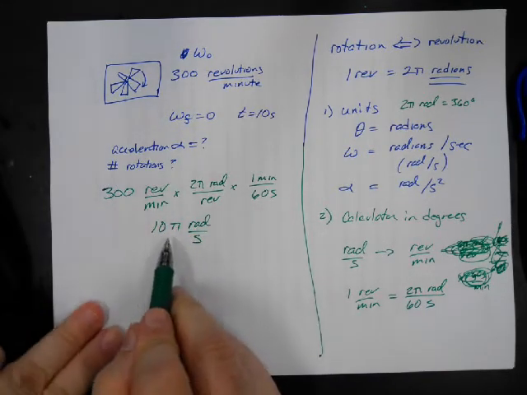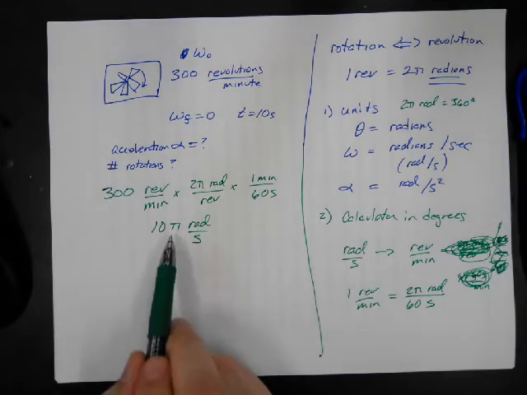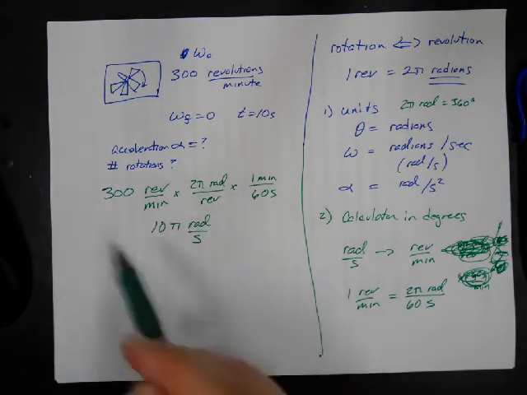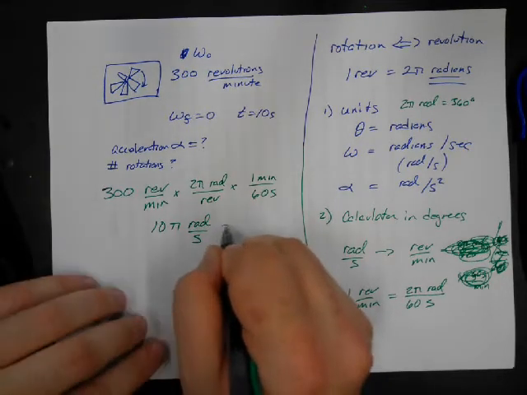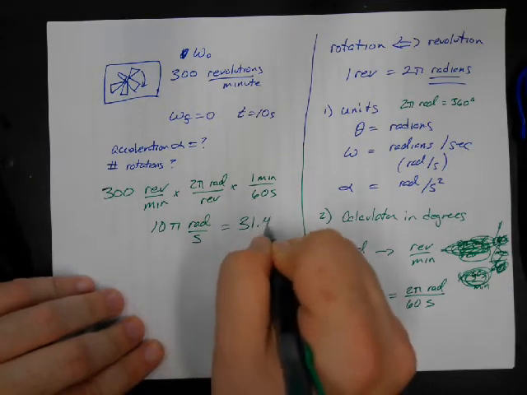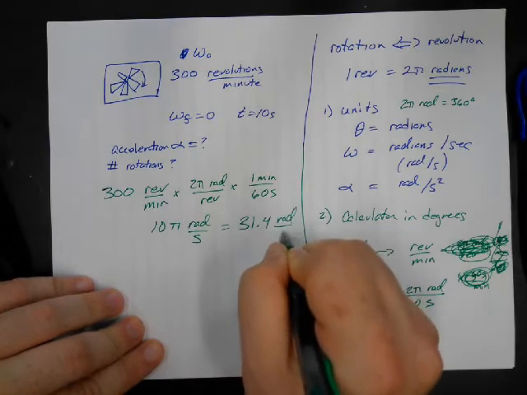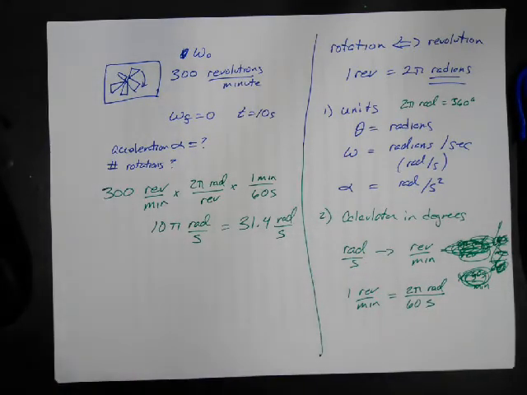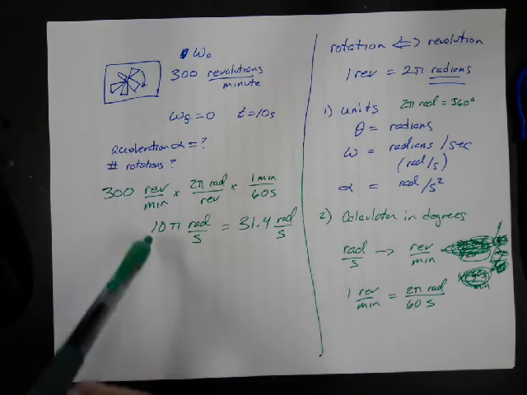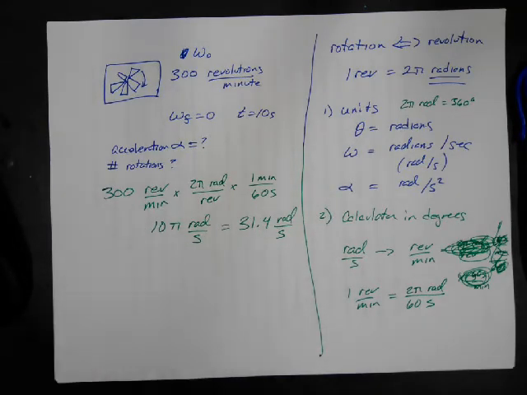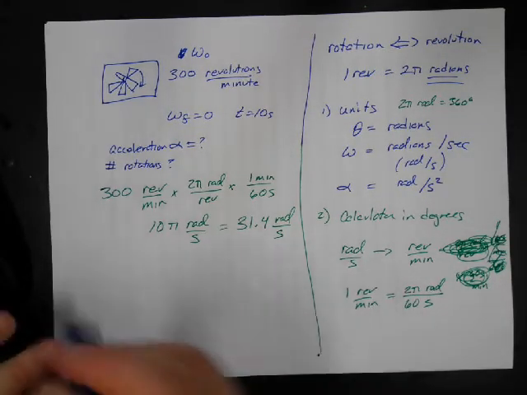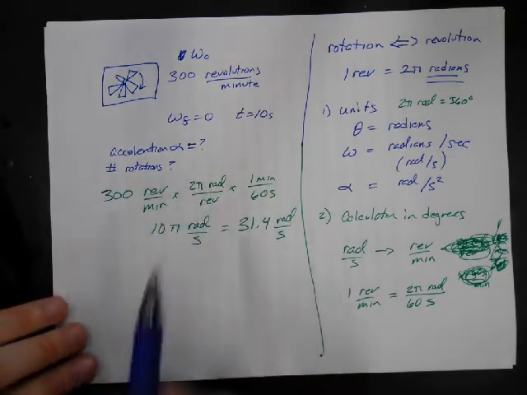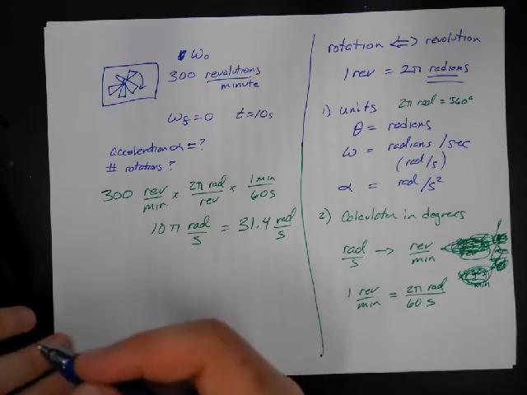Often I'll leave it in terms of 10 pi, and then I'll put in pi at the very last minute. Or this is also 31.4 rad per second. So you can do it either way. Oftentimes when I do problems, it'll be nice multiples of pi, and so I'll leave it like that till the end.